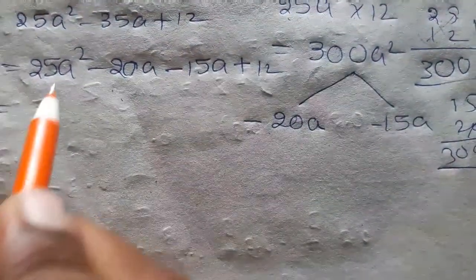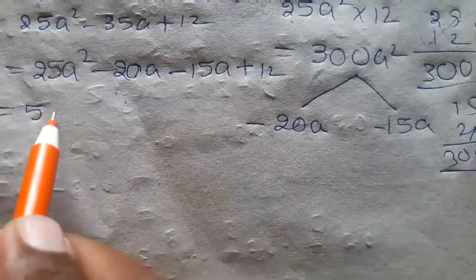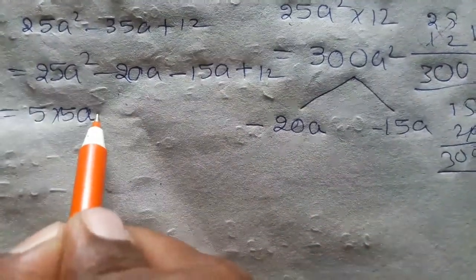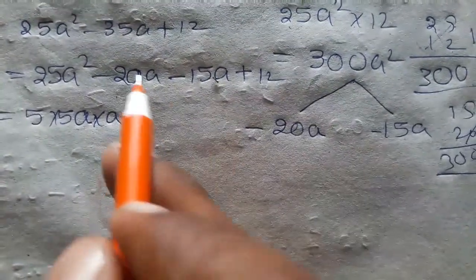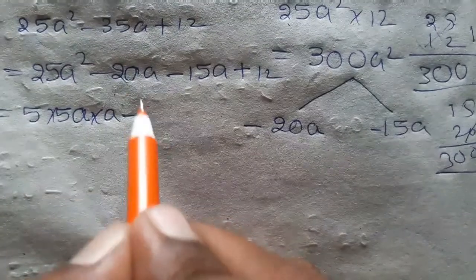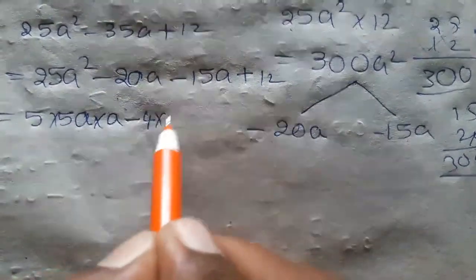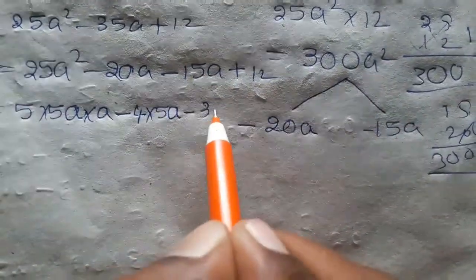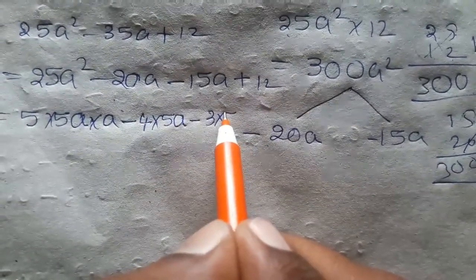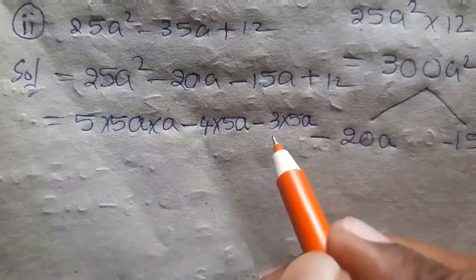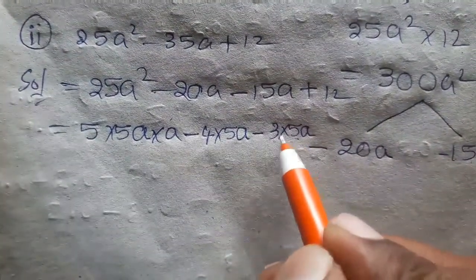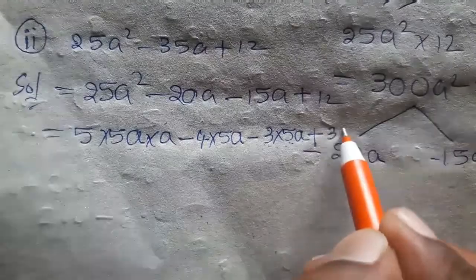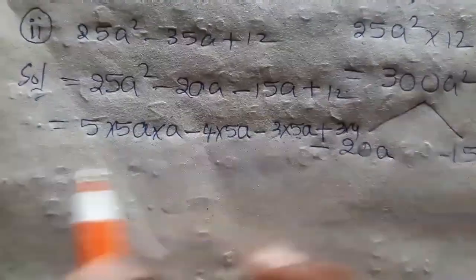Now see here, this can be written as 5 into 5, 5 fives are 25, a square can be written as a into a, minus, this can be written as 4 fives are 20, that means 4 into 5a, minus, this can be written as 3 into 5, 3 fives are 15, so that's why 3 into 5a. Next plus 3 fours are 12.